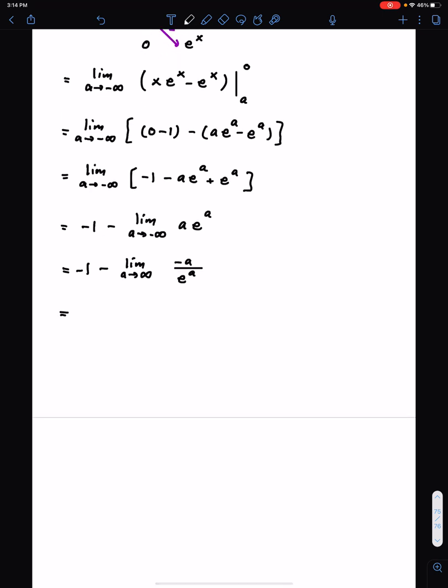So now if I use L'Hopital's rule, negative 1 minus the limit as a approaches infinity of negative 1 divided by e to the a. Now if I take a limit, negative 1 minus 0, which is negative 1. So that integral converges to negative 1.